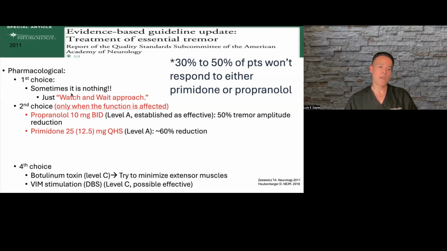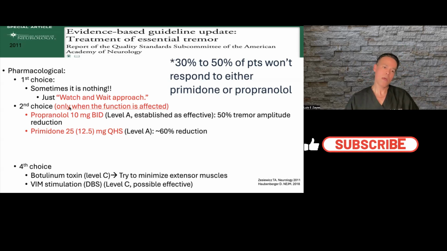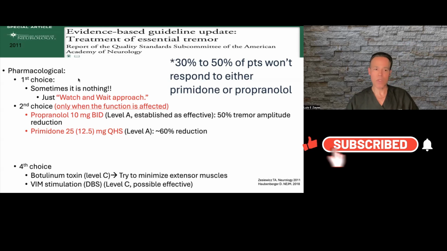But still, this is the medication that you guys can take. It's available for patients right now, but it's the same type of medication that doctors used to offer to patients with essential tremor many years ago.